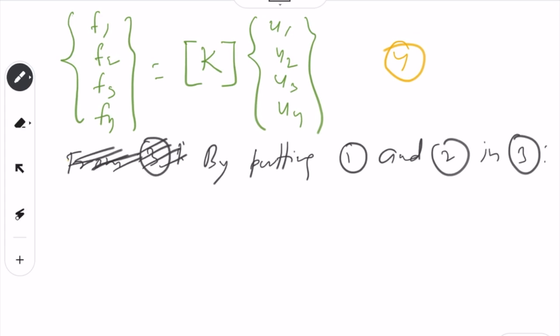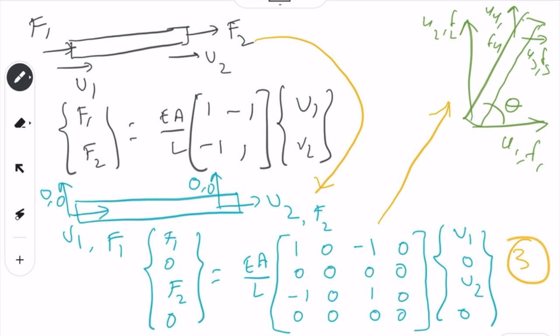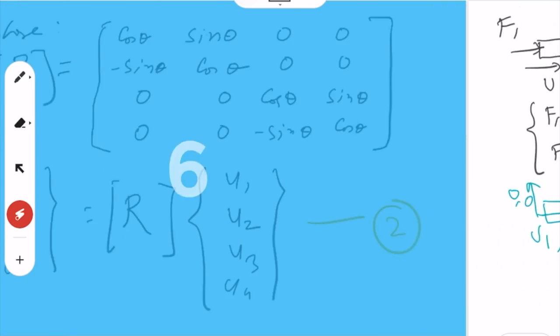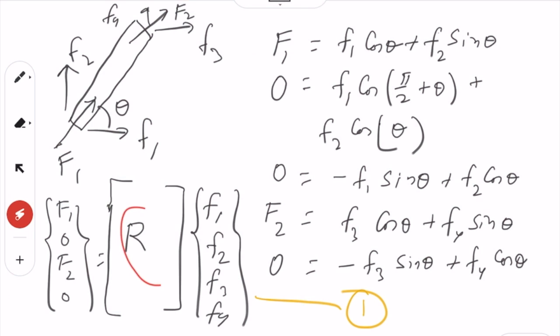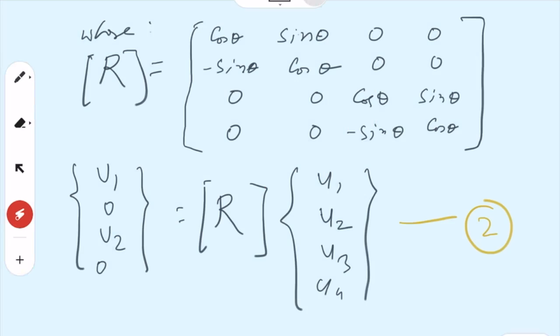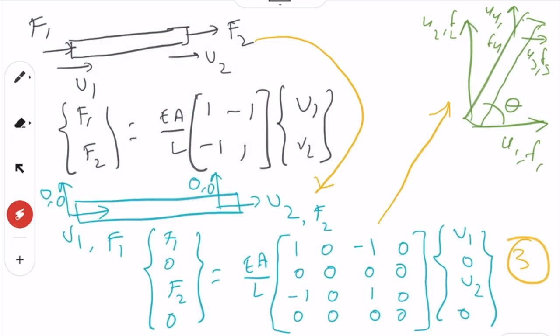So what will we get? Let's see the equation 3 here. Instead of writing f1 0 f2 0, we will write R f1 f2 f3 f4. That's what I mean, right? So that's what we are going to write.